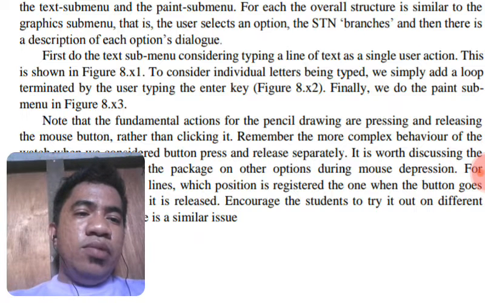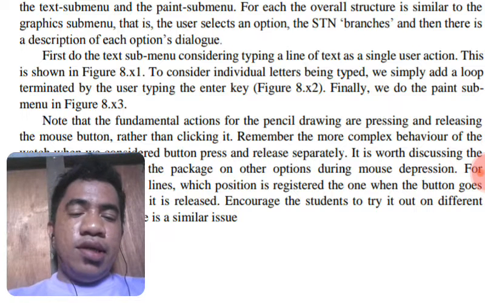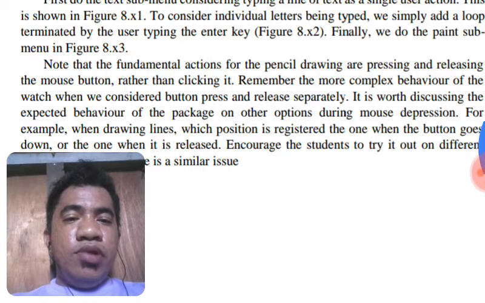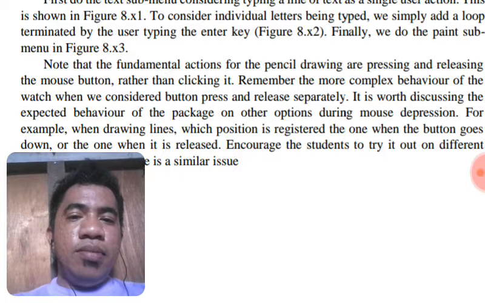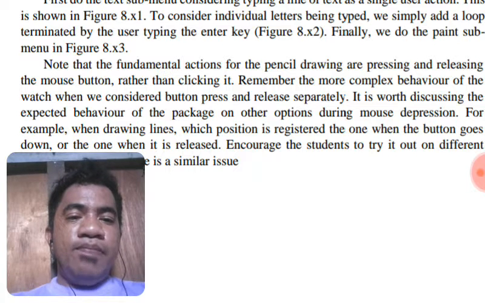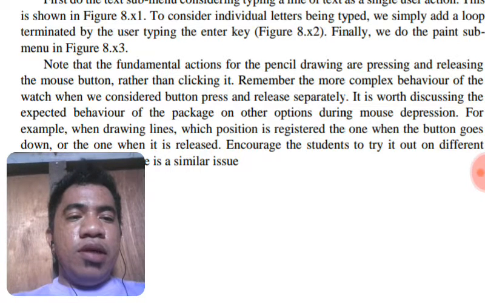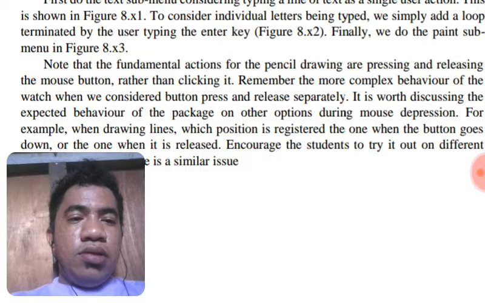Finally, we do the pen submenu in figure 8.x3. Note the fundamental actions for the pencil drawing are pressing and releasing the mouse button rather than clicking it. Remember the more complex behavior of the watch when we consider button press and release separately.